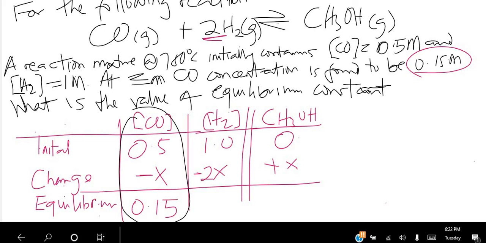We're going to have 0.5 plus negative x to give us 0.15. If you solve this, it is going to give us our x to be 0.35.